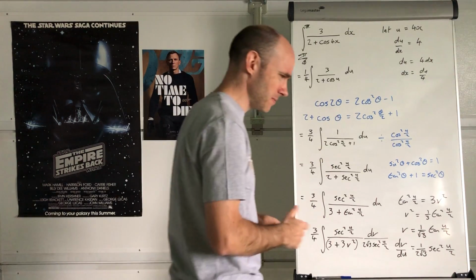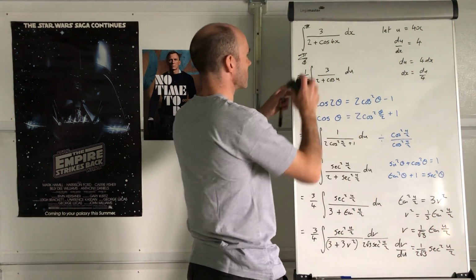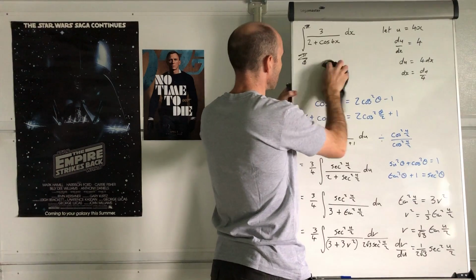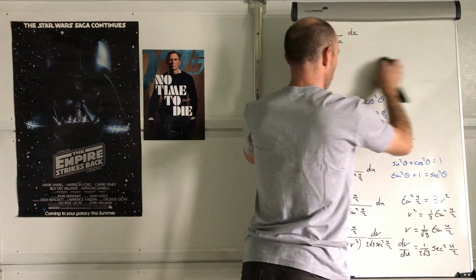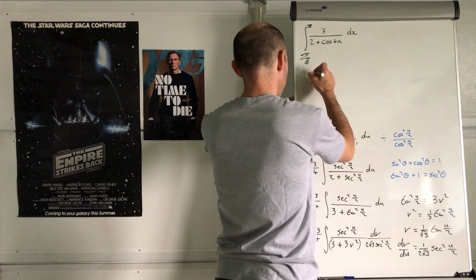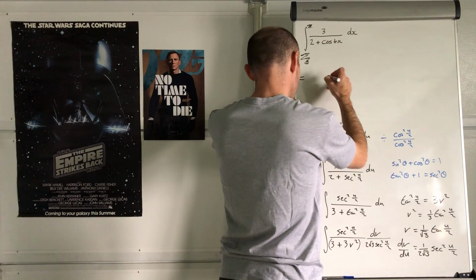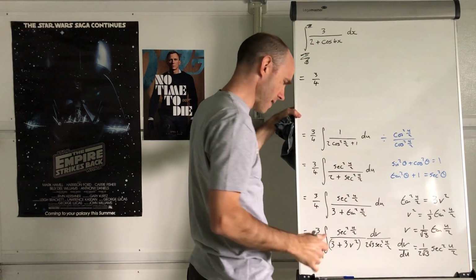Inevitably, I'd have to rub some of this off and use the board again, because there's no way I was going to get through this. Shame we have to rub off all this lovely working. There you go. So can I just write this again, but a little bit better, okay? So that integral there is just the same as, I'm just going to rewrite it to make it absolutely clear.